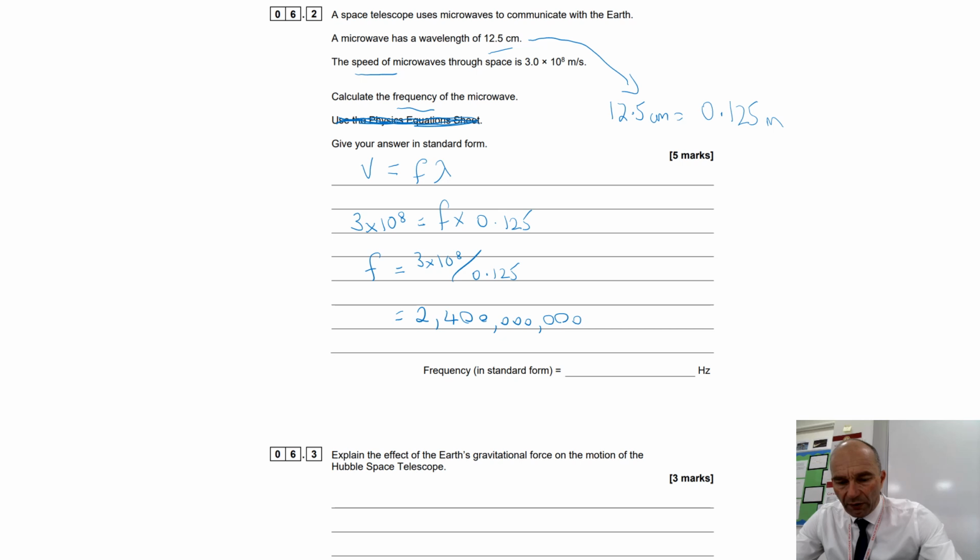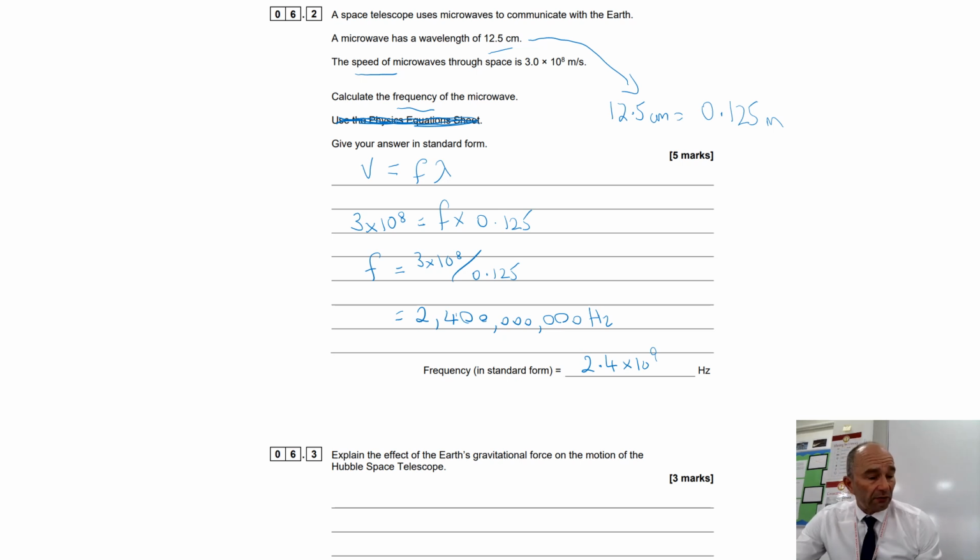Be careful with the zeros, and that's in hertz. Now, of course, we need to turn that into standard form, so it's going to be 2.4 times 10 to the, so look, 1, 2, 3, 4, 5, 6, 7, 8 to the power of 9.